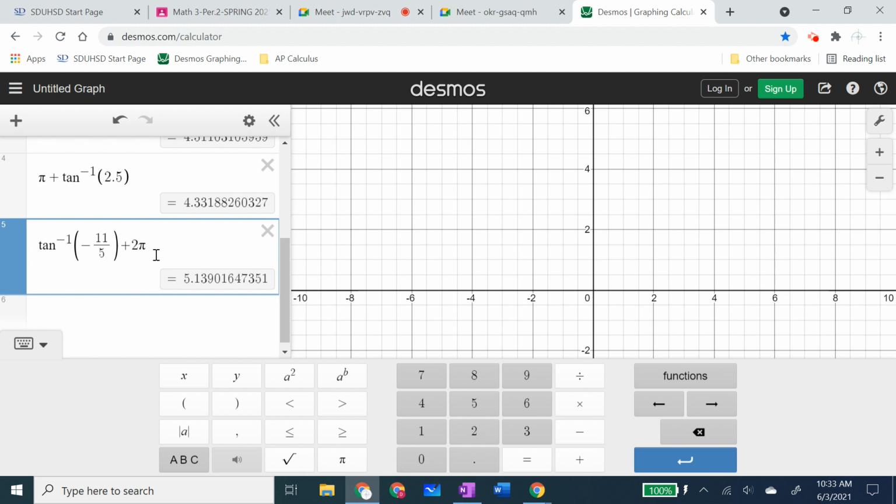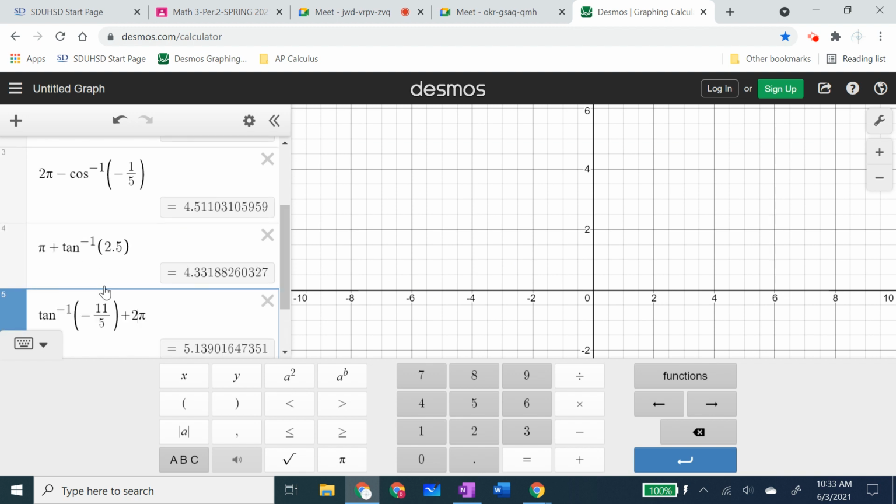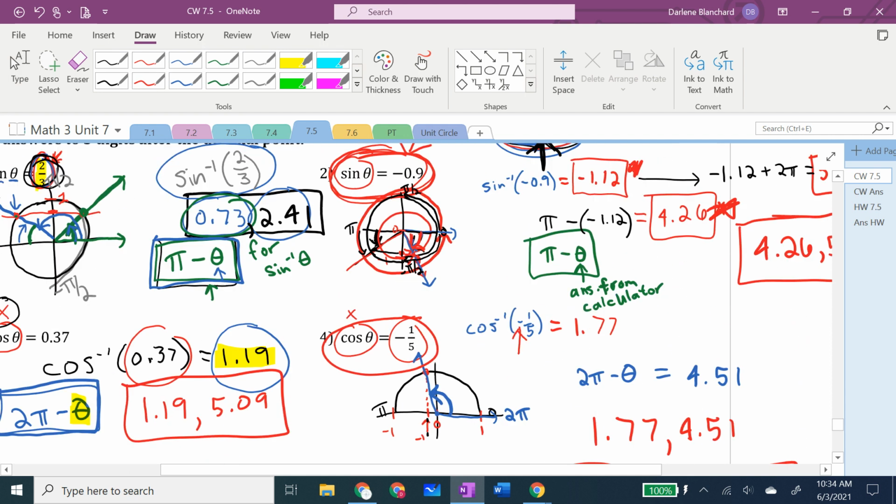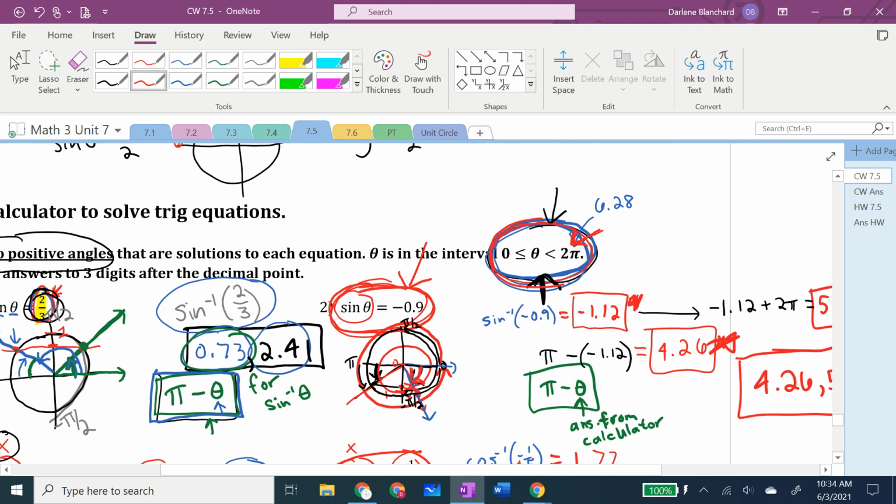On the test, I'm going to avoid the issues of having negative numbers, but I want you to see them with the classwork and the homework. So 5.14 and 1.997 are the two angles between 0 and 2 pi for that inverse trig function.